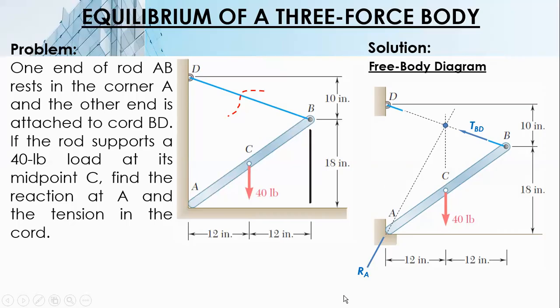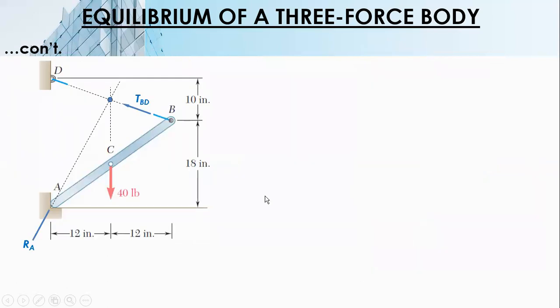So once we have the sides, 40, RA and TBD, next are the angles, the interior angles of the triangle. Therefore, we have to find the direction of RA as well as TBD. First, we solve this. This is 10, and then 12 and 12.